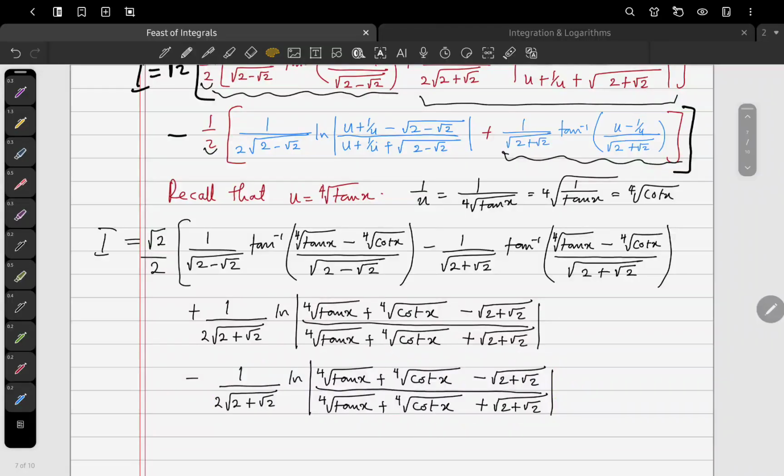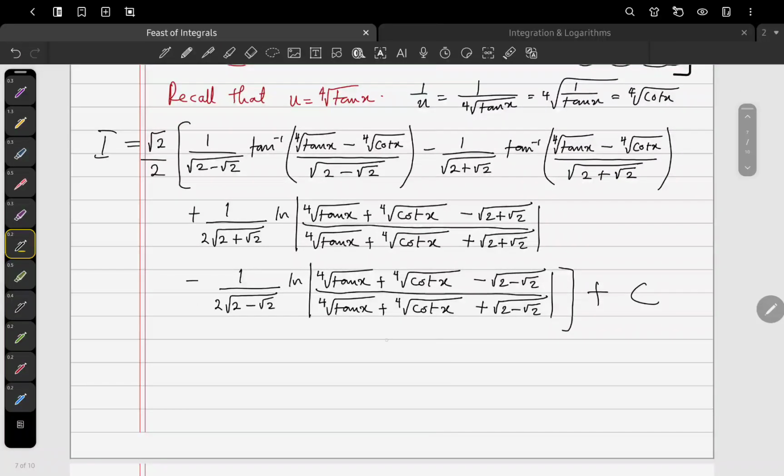Let me trace it. So this one should be minus, and this one should also be minus. So that is this guy. Then let's close the big bracket. Plus C. And with that, we've come to the end of this solution and the end of the video.